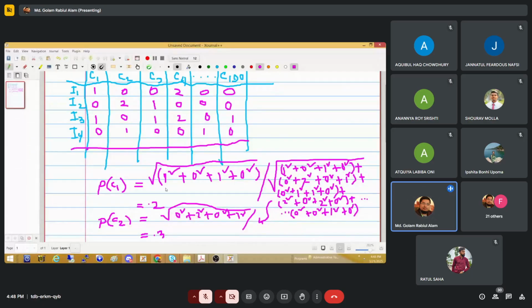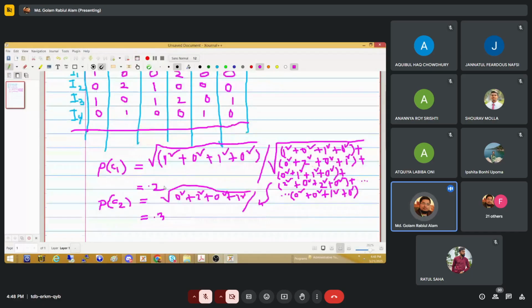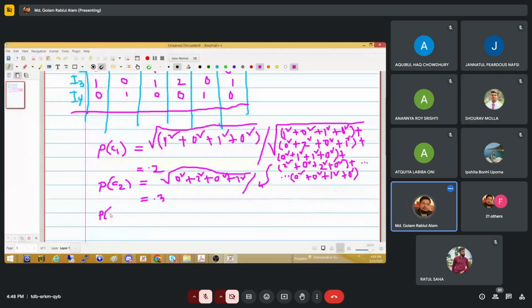And similarly, we have to find out the probability of C3. Let's say this one is 0.2 again, and the probability of C4.